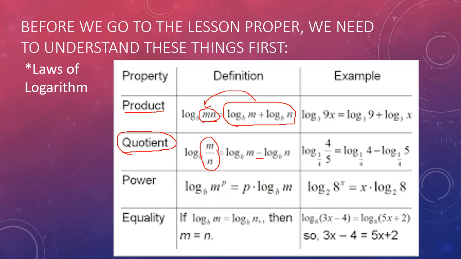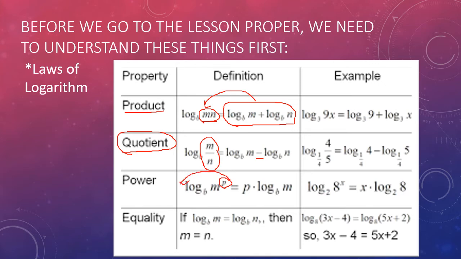We have here the logarithm of m raised to p to base b. We can rewrite this as p times the logarithm of m to the base b. So parang nilipat lang natin tong exponent na to dito sa unahan.